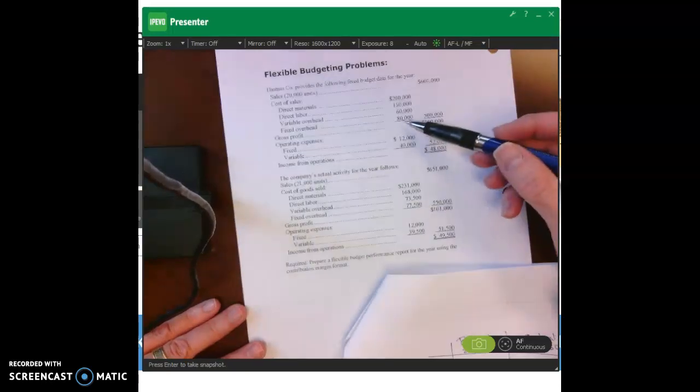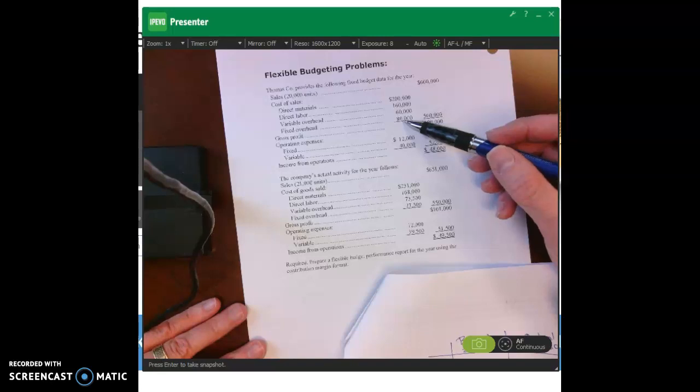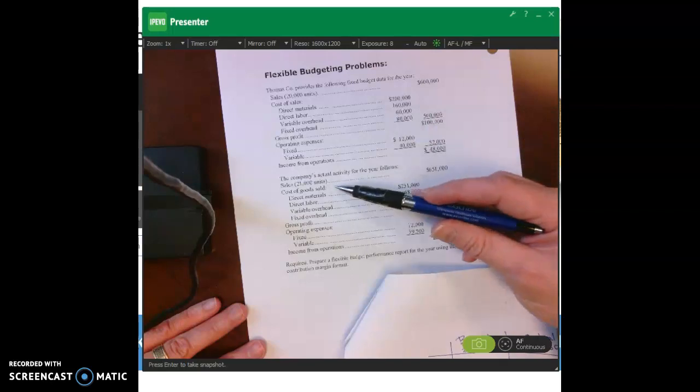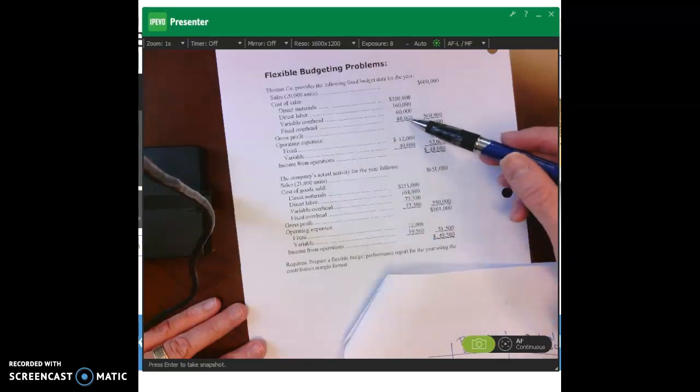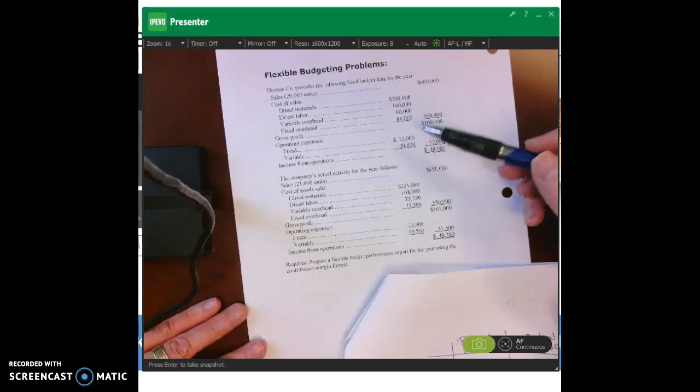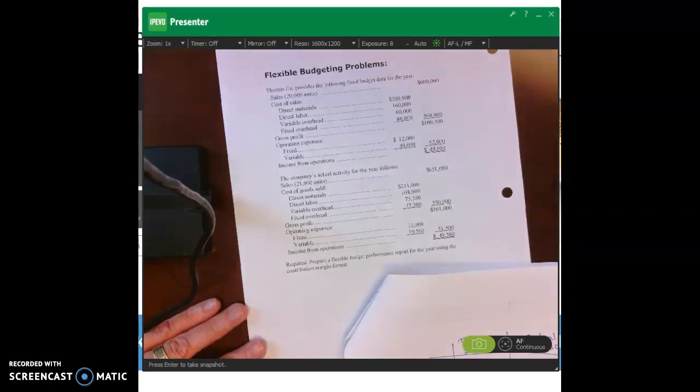Now let's look at our fixed expenses. So we have our fixed overhead of $80,000, which is at 20,000 units. What would we expect fixed overhead to be at 21,000 units? Well, we would expect it to be the same, because it's a fixed cost. Same thing with fixed operating expenses.